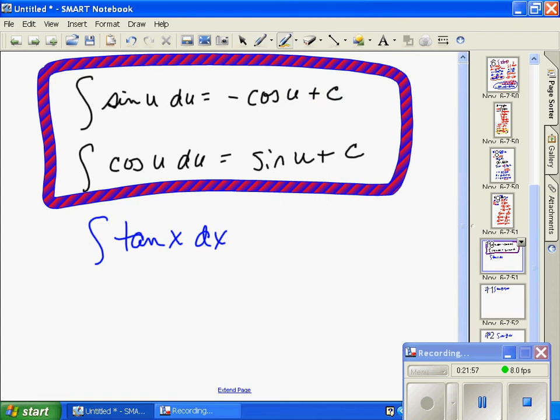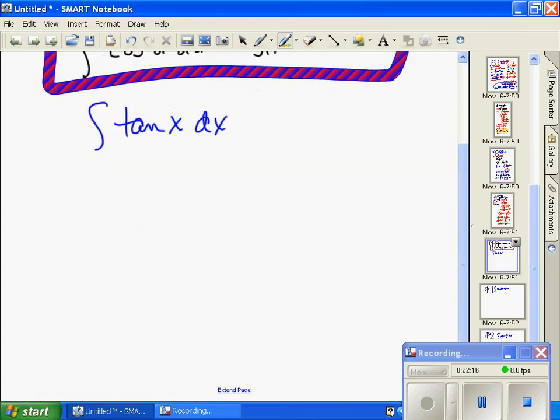Now, one that we have that's kind of new today is the integral of tangent of x dx. And actually, I think we talked about this one the other day in our notes when we did a derivative of the natural log, I think of maybe tangent. Not real sure. I think we did have that. But let's look kind of at this proof. Down at the bottom of the page it says derive the integral of tangent of x dx.